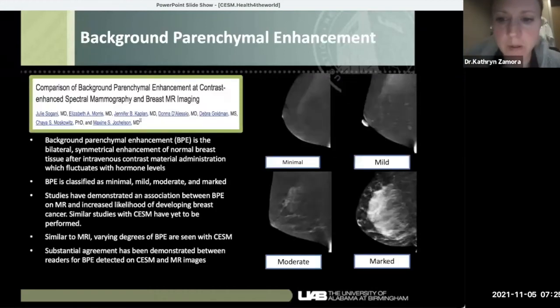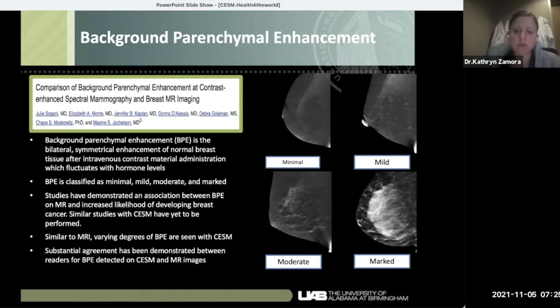So now we're going to talk about some image interpretation. First, when we're looking at contrast enhanced examination, similar to that of MRI, there is background parenchymal enhancement that has been observed. Background parenchymal enhancement is usually symmetric and it's normal after contrast administration.